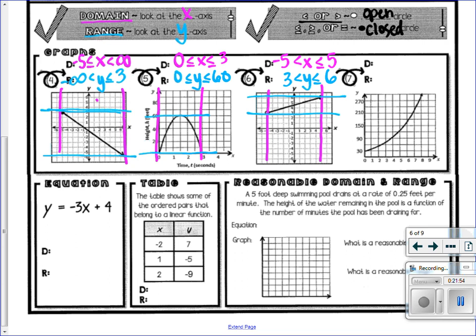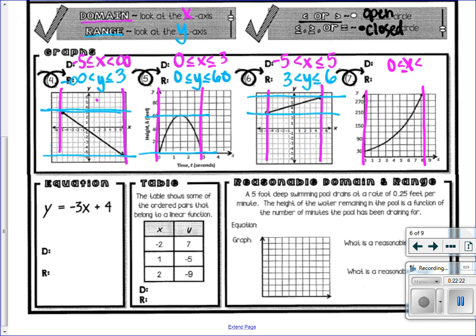Let's go to number 7. Domain, farthest left to the farthest right. What is the farthest left x value? 0, because it's our x values. And then what's the farthest right x value? Infinity.